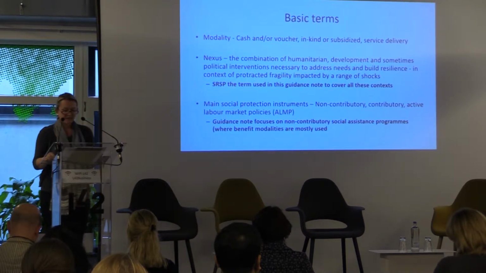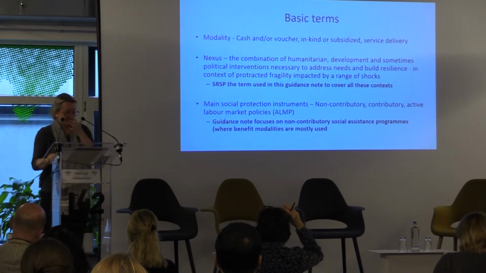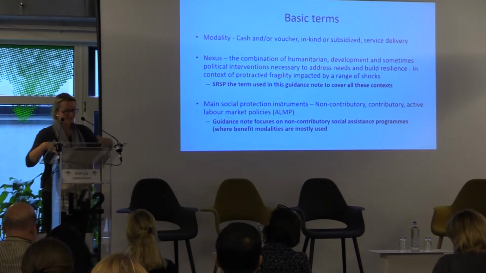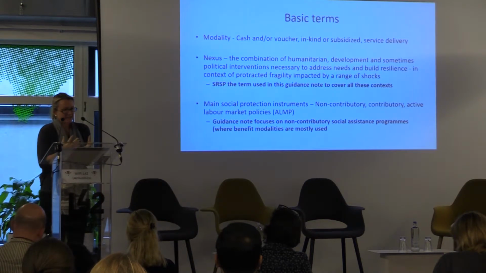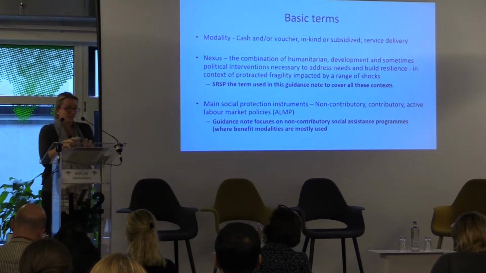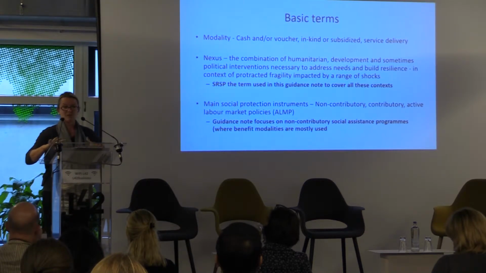The nexus, how did we think about nexus? If you look at the word nexus in the English Oxford Dictionary, it talks about a bond or a juncture or a connection of things and a state of being connected. And of course, we're talking about the humanitarian development connection, particularly in the context of fragility for this work. But of course, there's also literature that talks about a humanitarian development continuum, and I've worked on that as well.